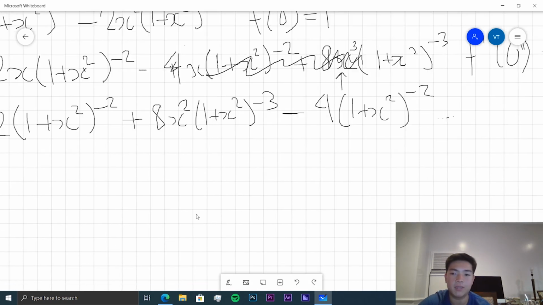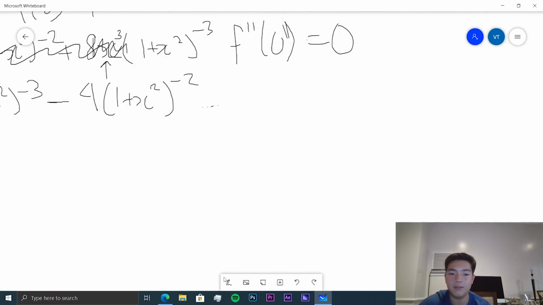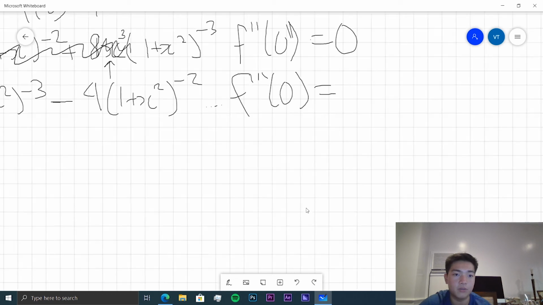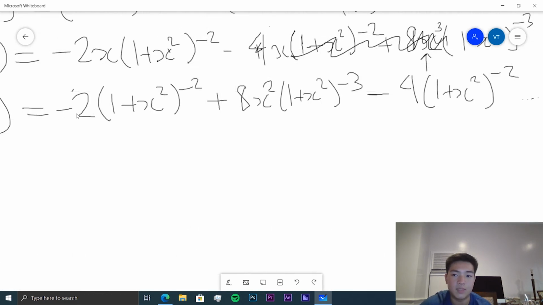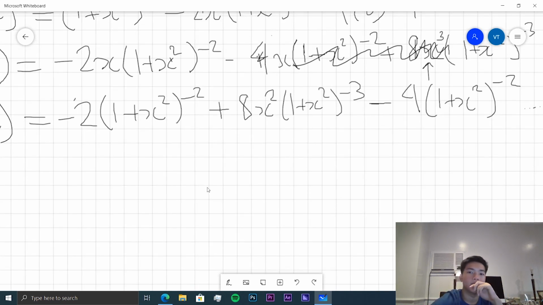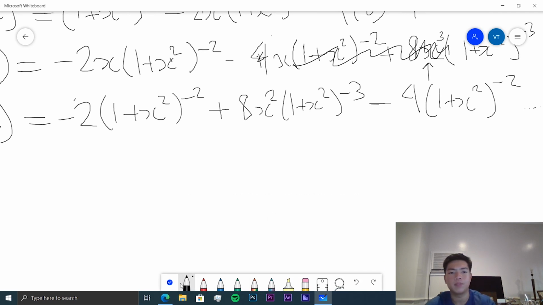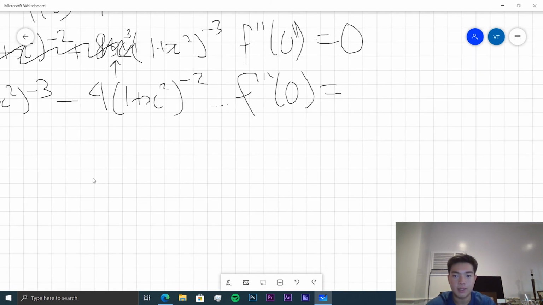Because all of these other terms will have an x in them, f triple prime of 0 will simply be equal to minus 2 minus 4. So this will be equal to minus 6.